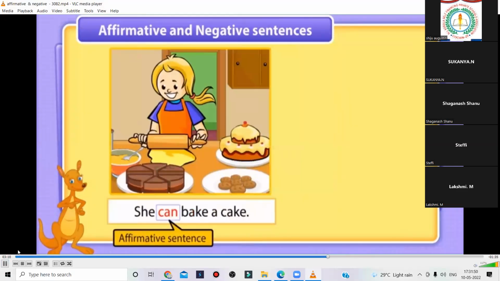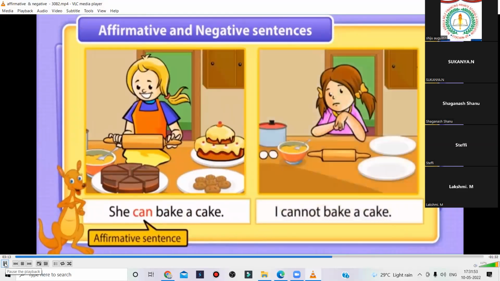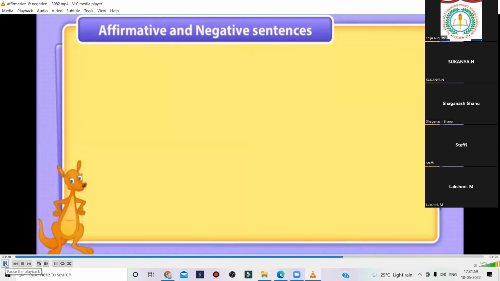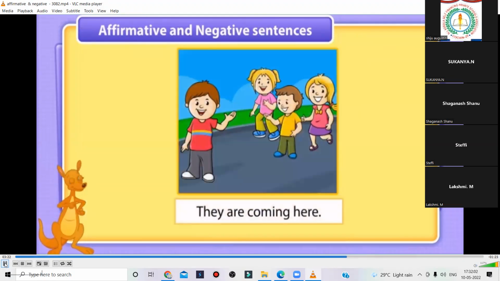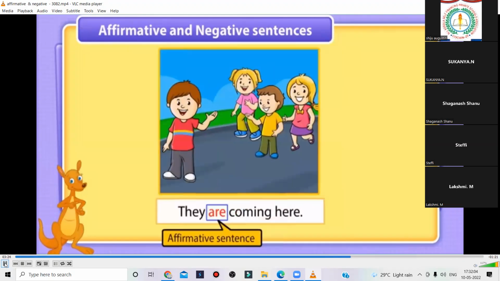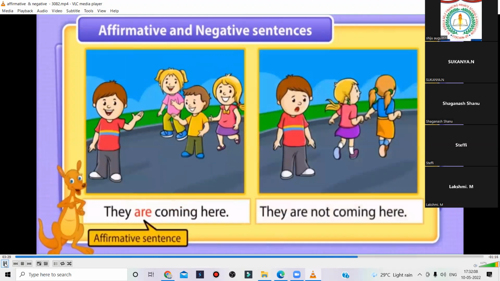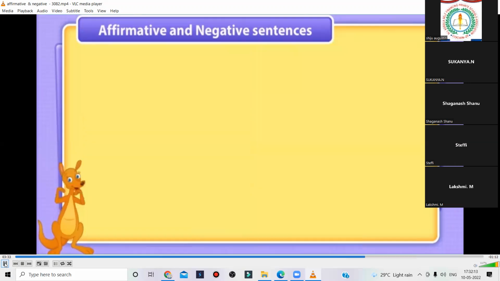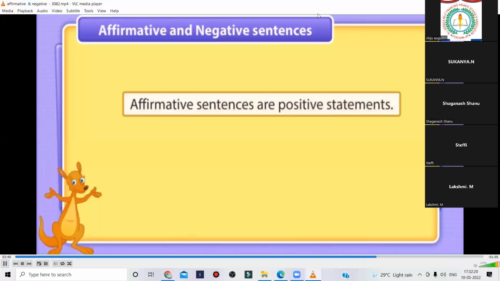Affirmative. She cannot bake a cake. Negative. They are coming here. Affirmative. They are not coming here. Negative. So remember, children, affirmative sentences are stated.